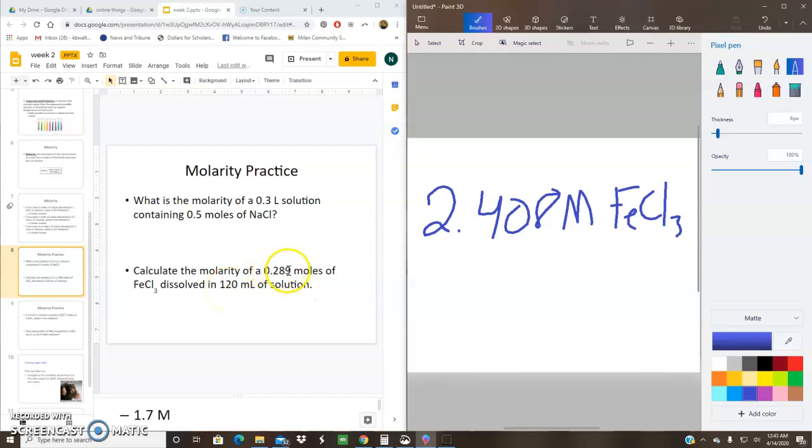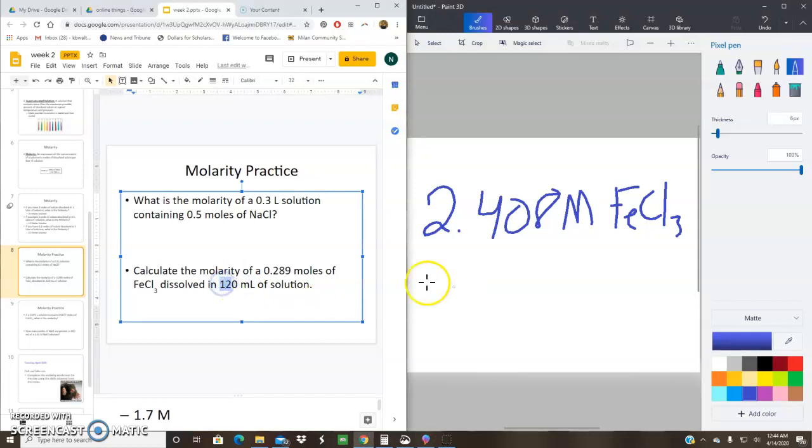And this one has 3. So we can only keep 2 sig figs because 2 is our least amount. So our final answer is 2.4 molar solution of FeCl3.